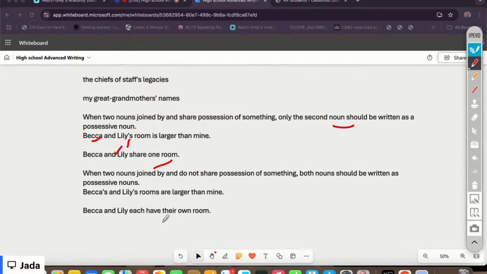Becca and Lily each have their own room. But if it's showing that they share possession of something, it has to be the last part of the noun that would have the possession. But if they do not share any possession, but they are joined together, you just put the possession on each of the nouns. Okay?